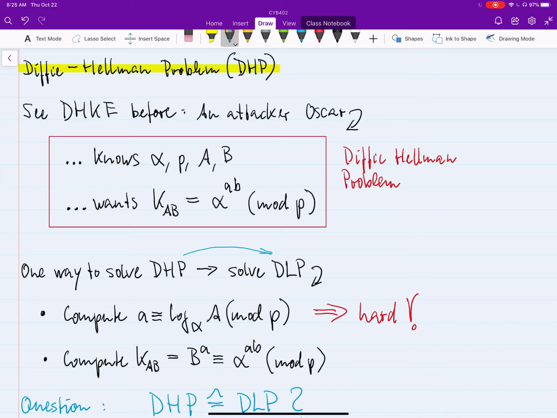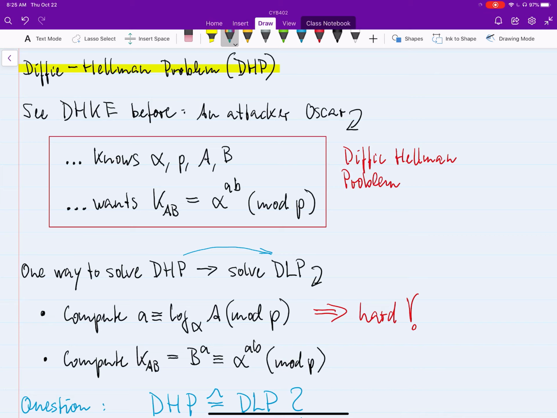Oscar also knows capital A and capital B, which, remember, were the result of putting alpha to the corresponding private keys that both Alice and Bob came up with independently.